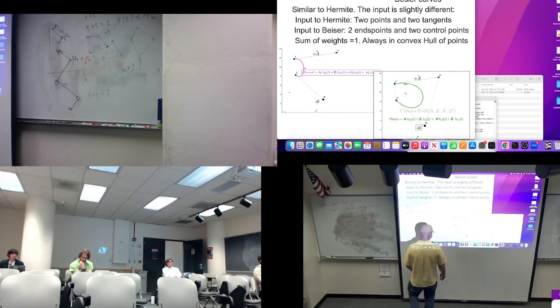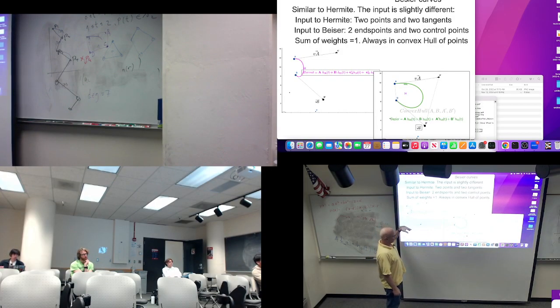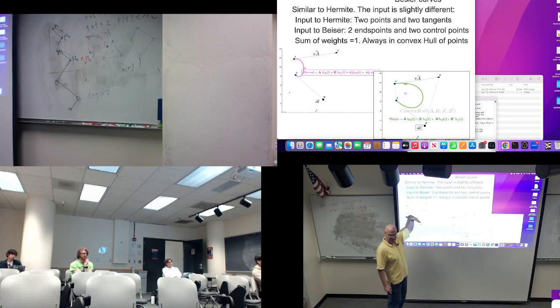How do I get from Bezier to Hermite? So what is the input to Hermite? Hermite wants 2 points and 2 directions, start and end, and 2 orientations. Bezier, on the other hand, of degree 3, cubic Bezier, wants 4 points, but they are not equally privileged points.